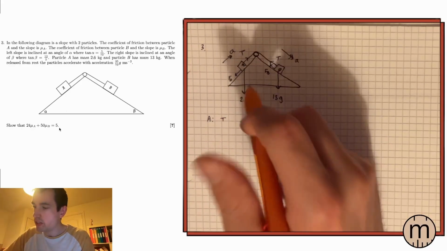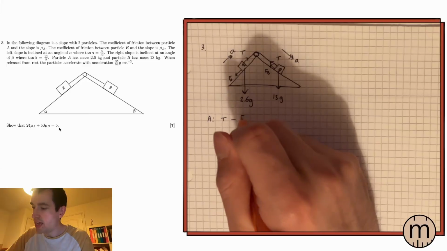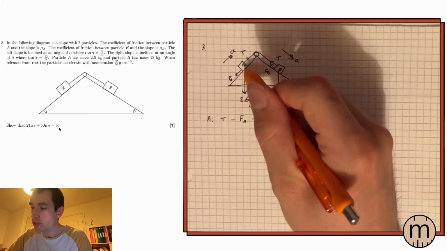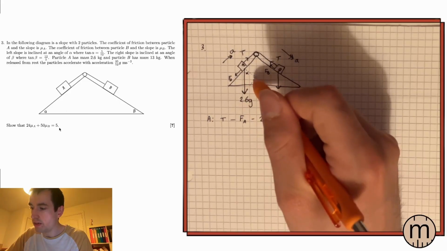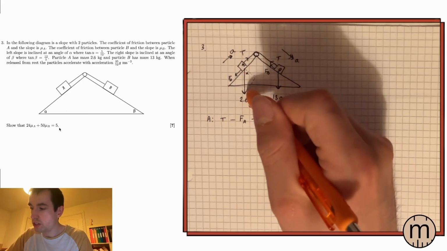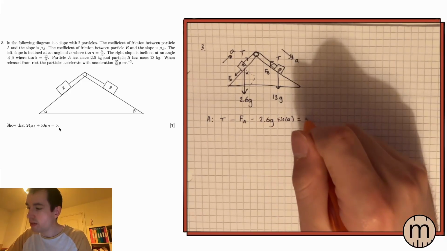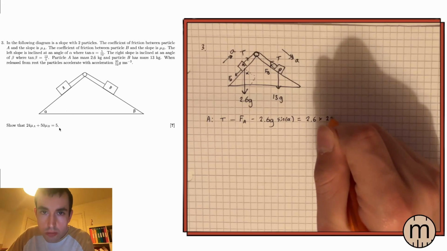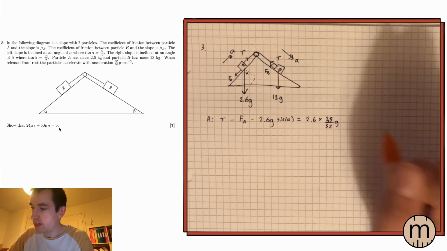Going in the direction of motion is T, and going back is FA, and it's not 2.6g, but it's 2.6g at an angle of alpha, which is 2.6g sine of alpha. F equals ma, so this is going to be m, which is 2.6, times a, which is 35 over 52g.